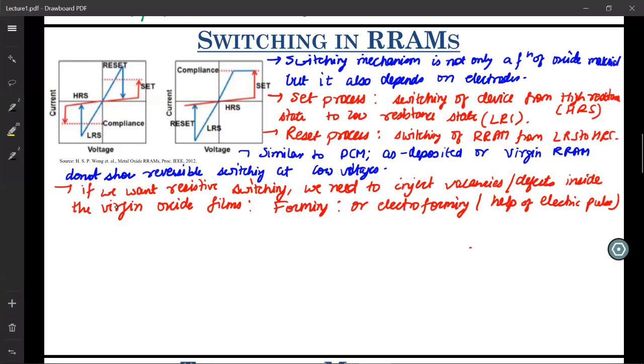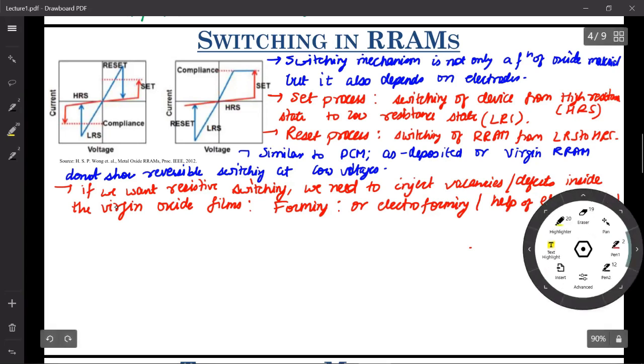And once it reaches the LRS, we say that it has been set, and then you can apply electrical pulses and perform the reset process and then the set process again. You can reversibly switch it between the LRS and HRS. However, if the forming is not there, you won't be able to first set the device, you won't be able to put it into the low resistance state, and you won't be able to perform set or reset processes unless you form the device. So forming becomes a bottleneck, or the most important process for using RRAMs as memory elements.